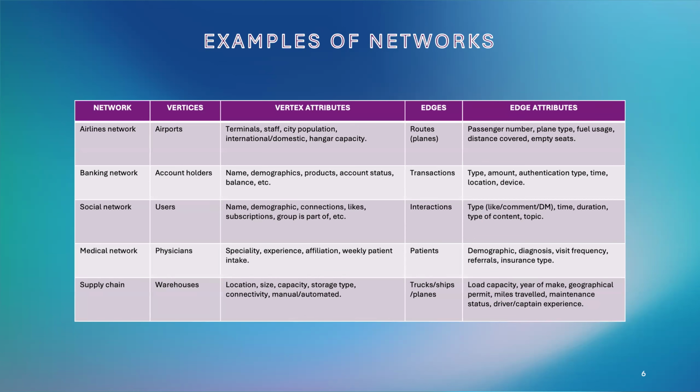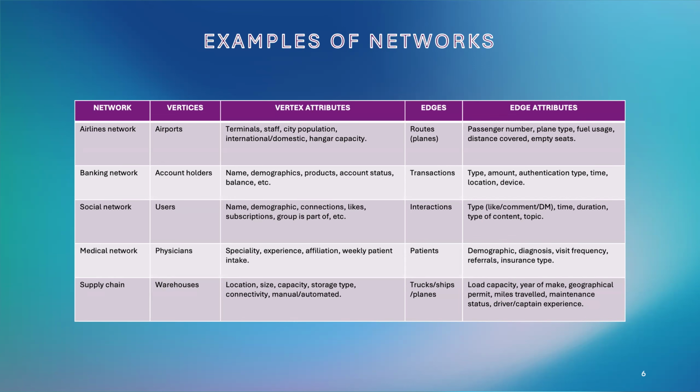So for airports, we could have as attributes terminals, the number of people working at the airport, the population of the city that the airport is located in, whether it operates on international or domestic routes, the hangar capacity, and the list can go on.